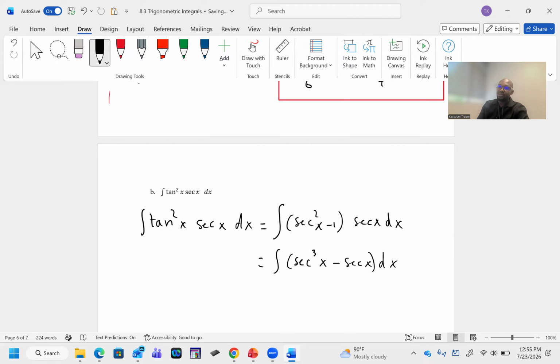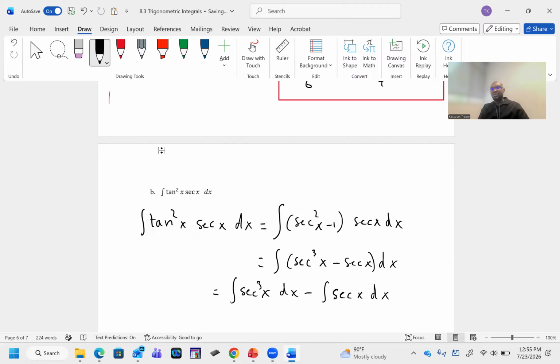So we have to use the reduction formula again, right? I can separate this into the integral of secant cube x dx minus the integral of secant x dx.